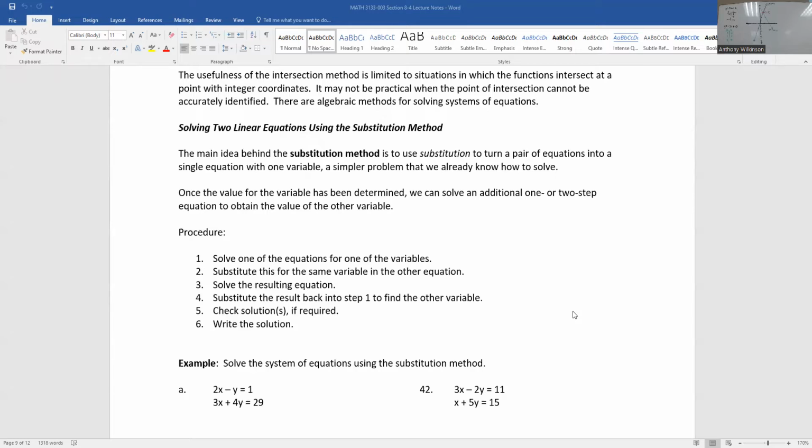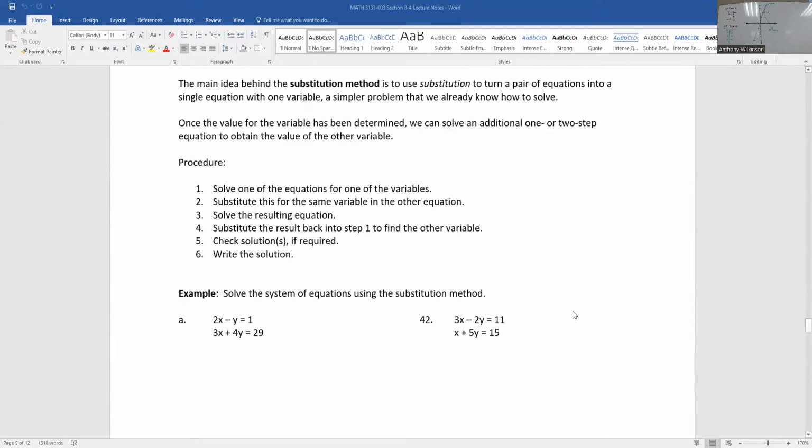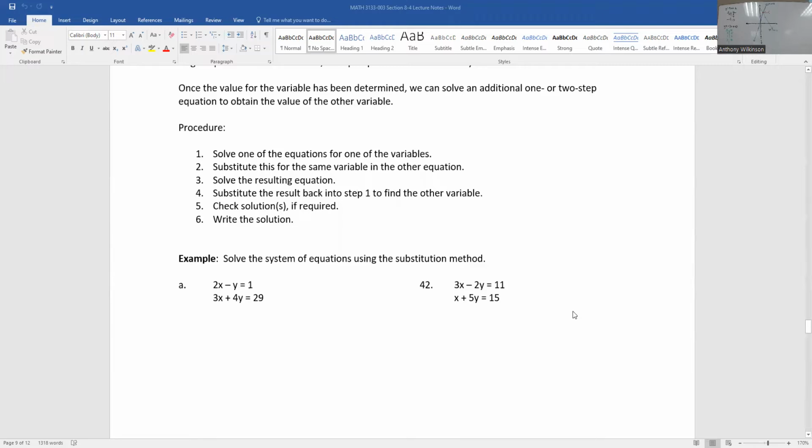Okay, so what I have up here is a procedure for solving a system of equations. One, you may have to solve one of the equations for one of the variables. My suggestion would probably be to get the variable that has a coefficient of 1, either X or Y, by itself.